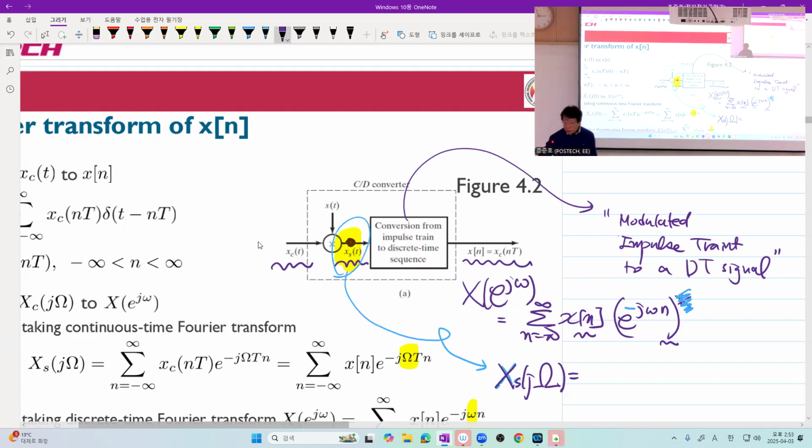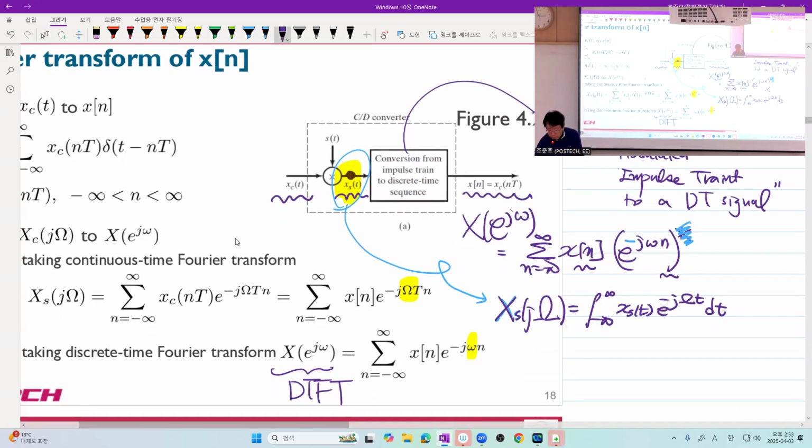This is simply e to the negative j omega t dt by definition, right? Now, we know that this signal is the summation of x of nT times delta of t minus nT.